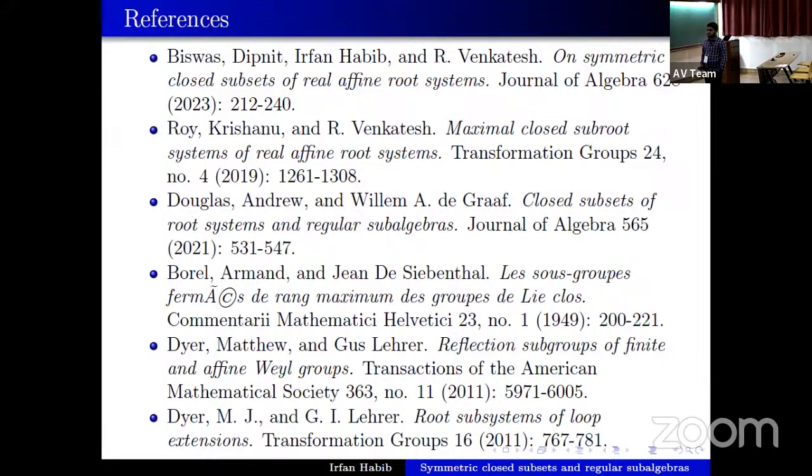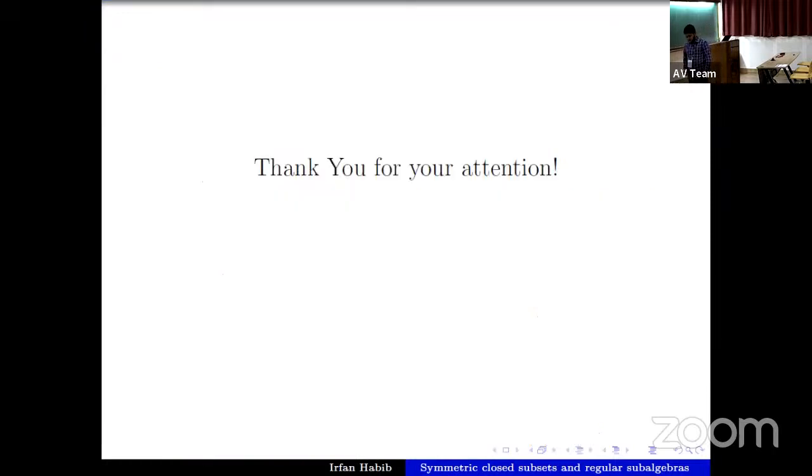Here is the paper of Borel-Siebenthal, and these are two papers where, in one, the reflection subgroups of finite or affine Weyl groups have been classified, and here is the paper in which they classified, in some sense, the subroot systems of untwisted affine root systems.